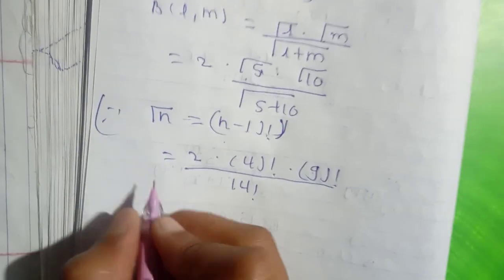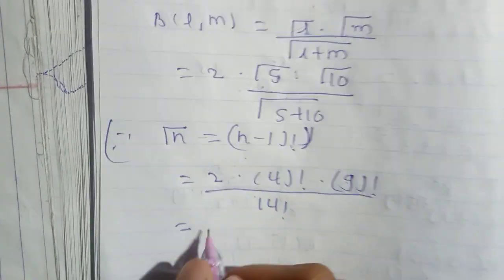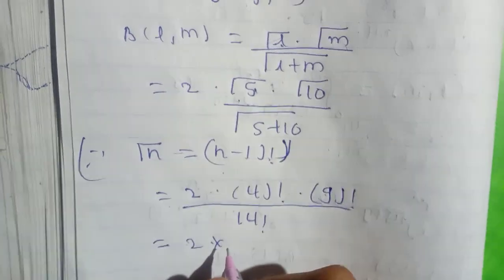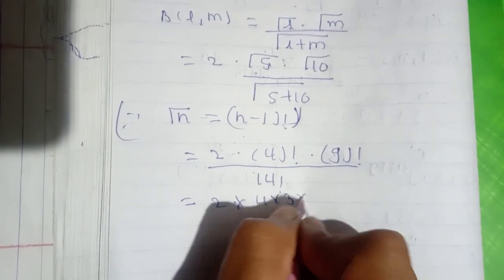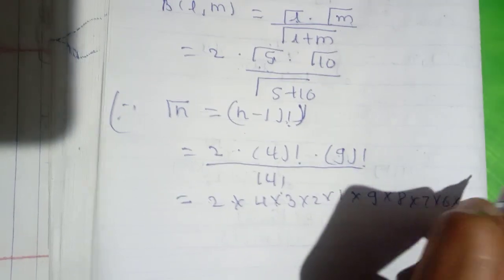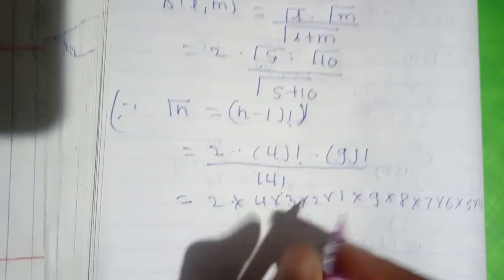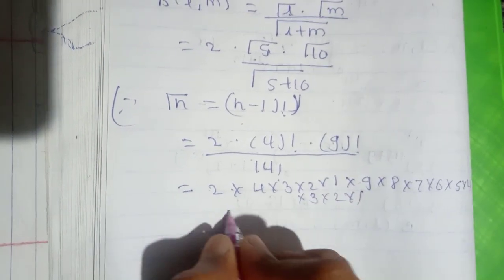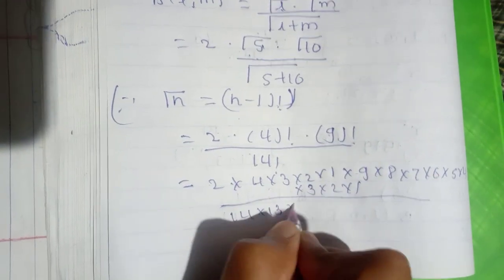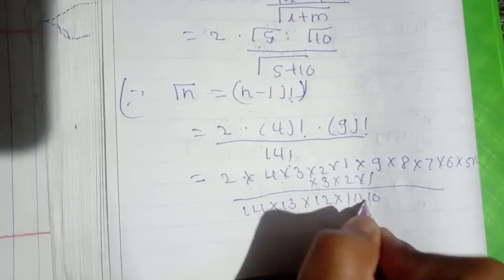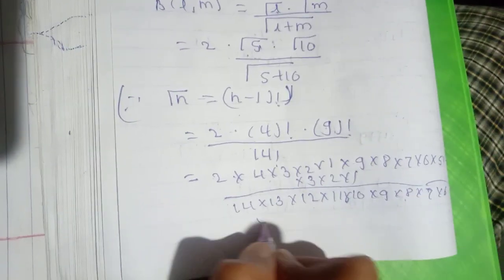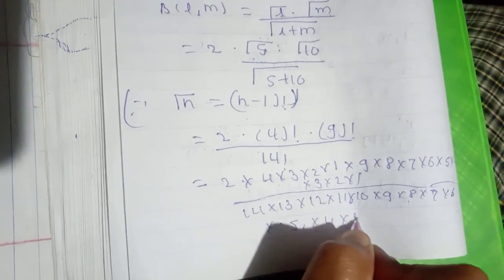Then, as I said in the first lecture, we know how to calculate factorial values. 4 factorial is 4 into 3 into 2 into 1, and 9 factorial is 9 into 8 into 7 into 6 into 5 into 4 into 3 into 2 into 1, and 14 factorial is 14 into 13, 12, 11, 10, 9, 8, 7, 6 into 5 into 4 into 3 into 2 into 1.